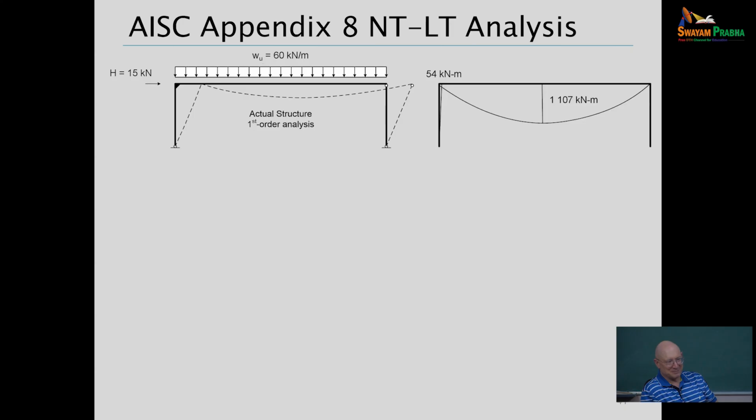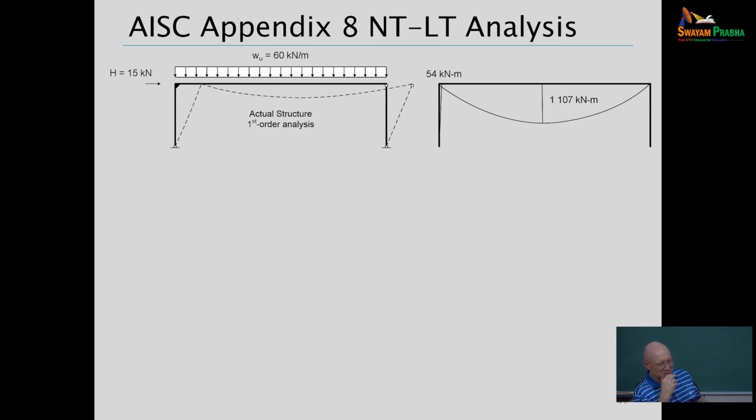Yeah, it will be 0 at the bottom, and there will be internal bending moment at the beam column. So under just vertical load, the 54 kilonewton meters on the left would go away. That's 0. No, no. I'm not saying it will be 0.